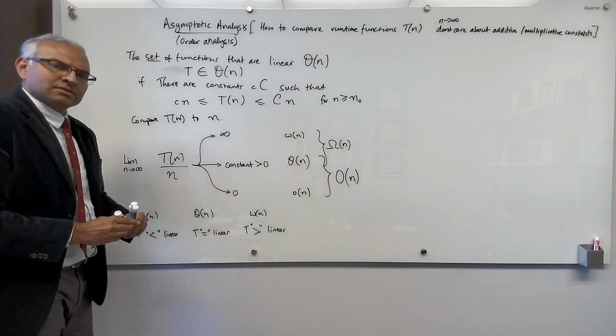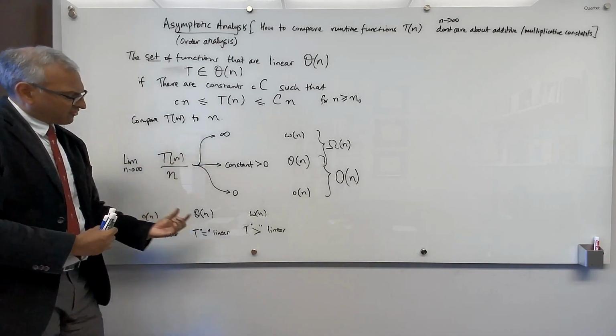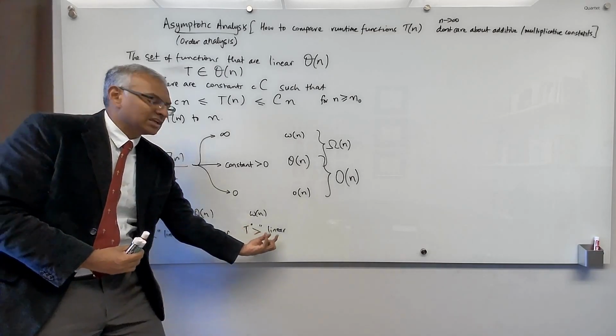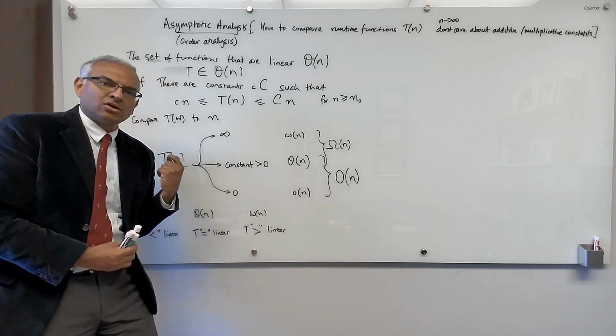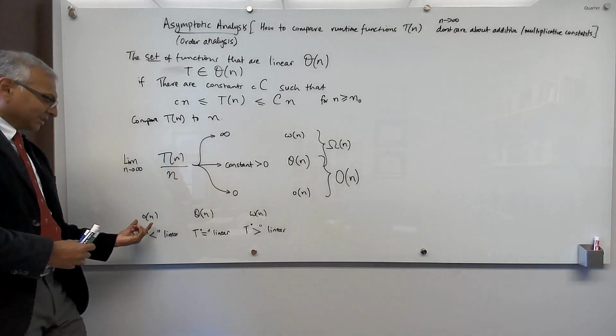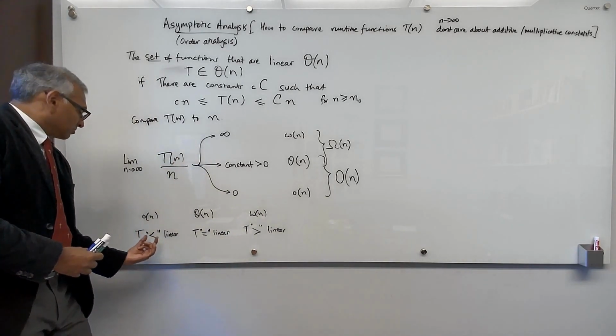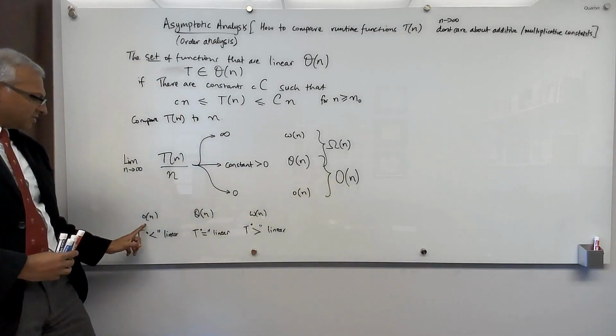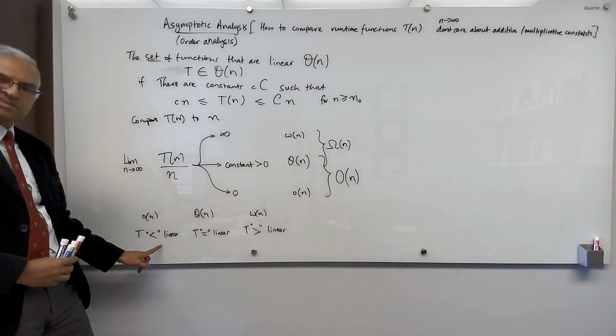So, linear can be used to define three sets of functions. The functions which are equal to linear, where the limit is a constant. The functions which are strictly greater than linear, which we call little omega of n. And the functions which are strictly smaller than linear, which we call little o of n. And what is big O of n? Big O is these two sets combined. You're either less than linear or linear.